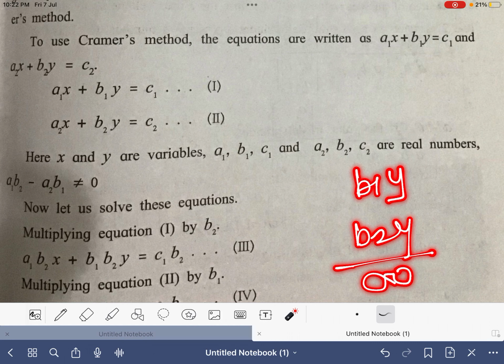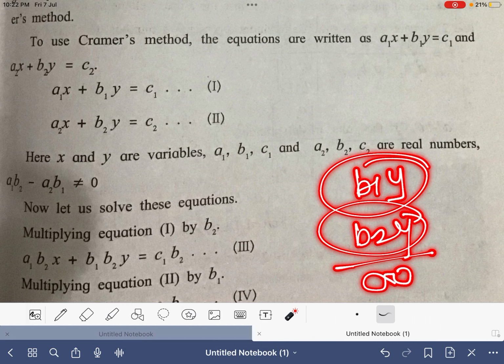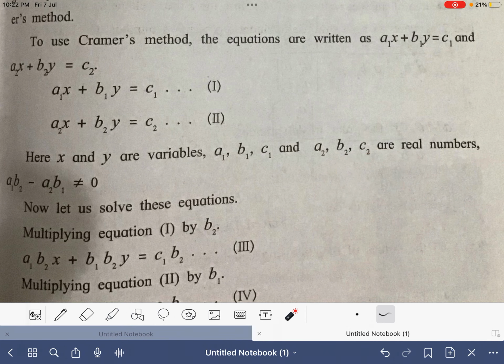So we have to modify these two equations in such a way that the coefficient of y in the first equation is b1 b2, and in the second equation also the coefficient is b1 b2. Then b1 b2 minus b1 b2, your answer is equal to 0.